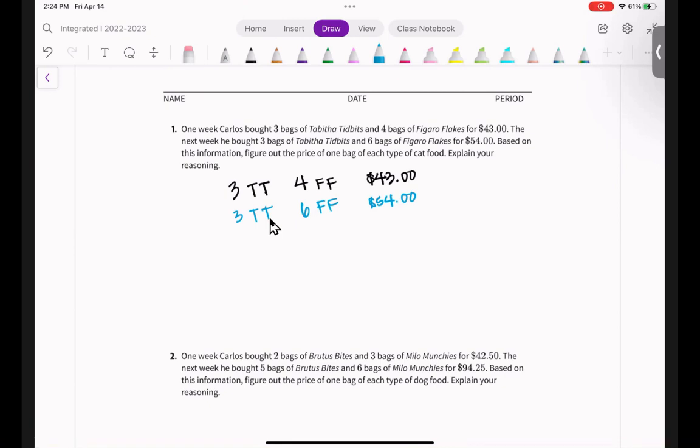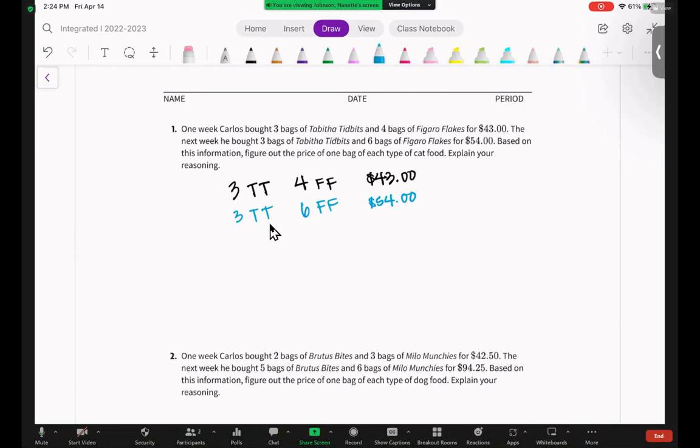Okay, so the next thing is, now what? Who cares if they're the same? Well, if they're the same, that kind of means something about this total, right? So tell me more. What else do you see? What could account for this difference? Why aren't these totals exactly the same?